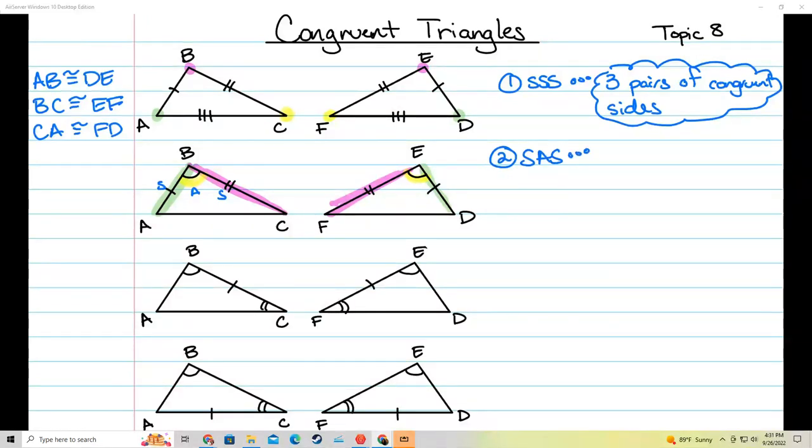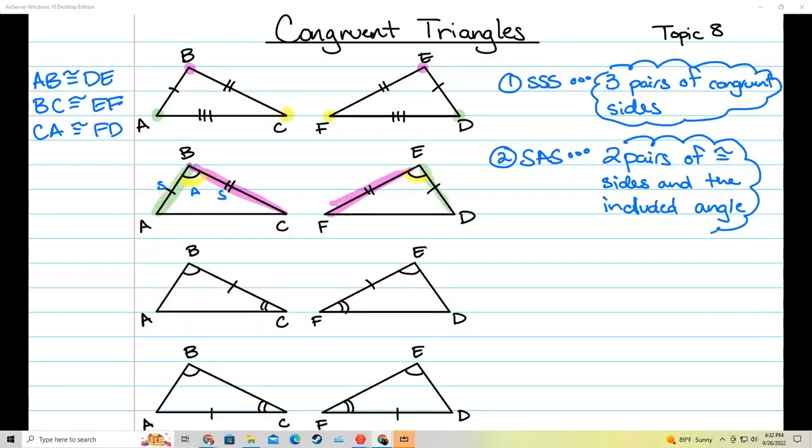So this is when you have two pairs of congruent sides and the included angle. When I say included angle, I mean the angle in between. The angle is going to be in between the two sides.